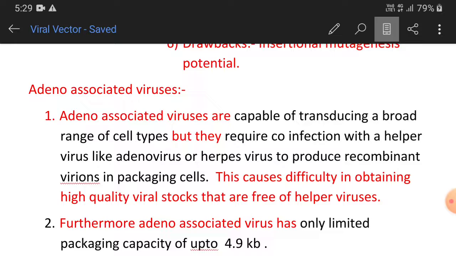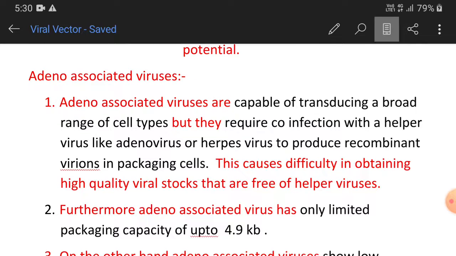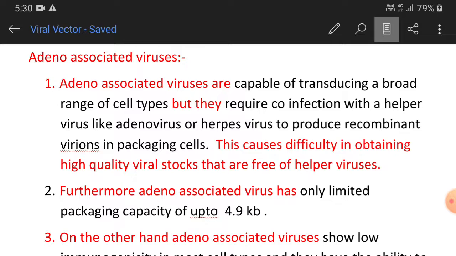So before I wrap up this lecture, let's revise it one more time. Adeno-associated virus has the ability to transduce a wide range of cell types, both dividing and non-dividing. It has only one problem: it requires a helper virus for the production of recombinant virions inside the packaging cell.